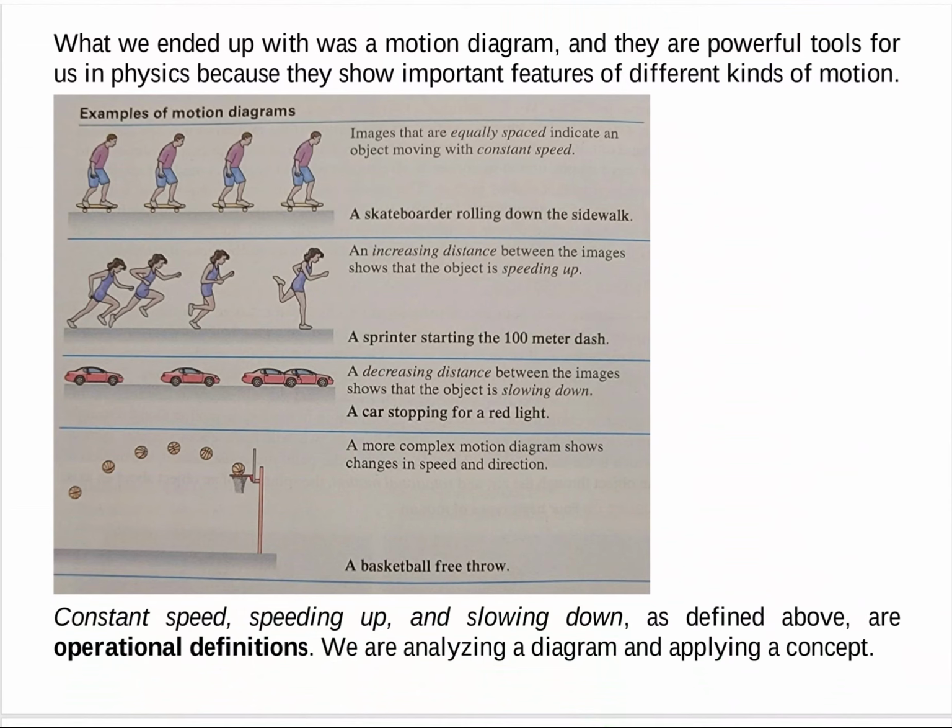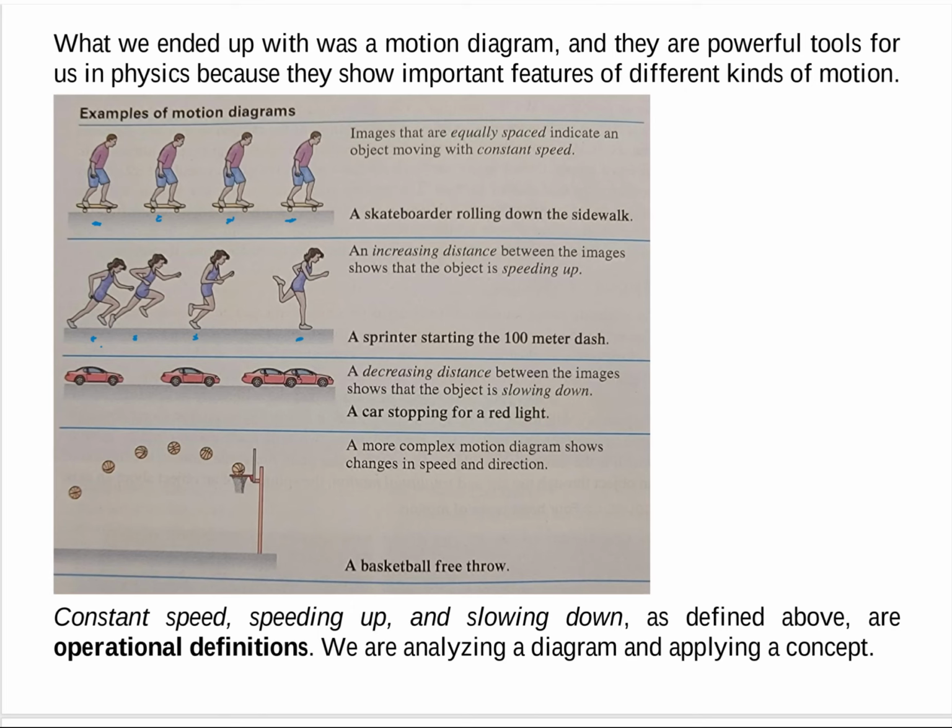So we have 4 examples here, and what we want to do now is think about what's going on in each one. If we're equally spaced, equal spacing between each one of these figures, that's constant speed. But what about here? The person is here, here, here, here.